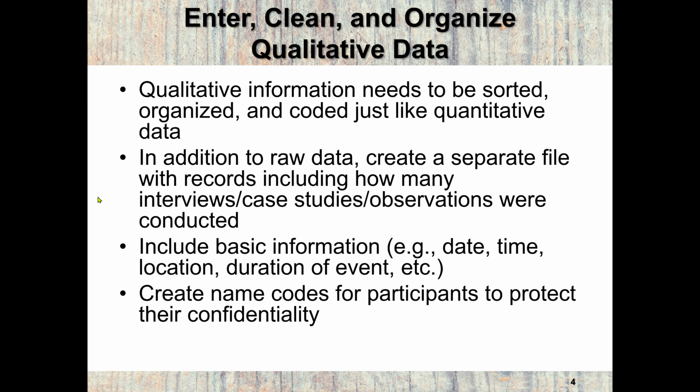In addition to raw data, we can create a separate file with records, including how many interviews, case studies, and observations we conducted. This is just for our record, and it is a conventional method or a suggestion from the author of this textbook.